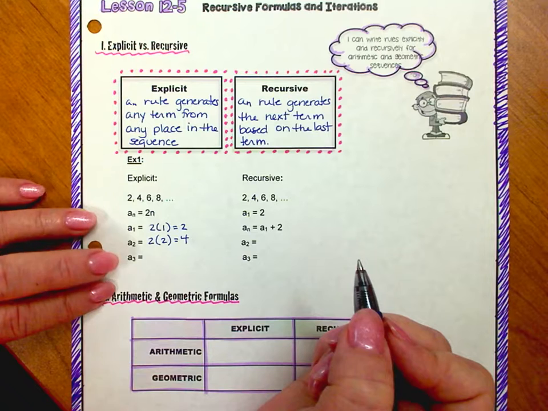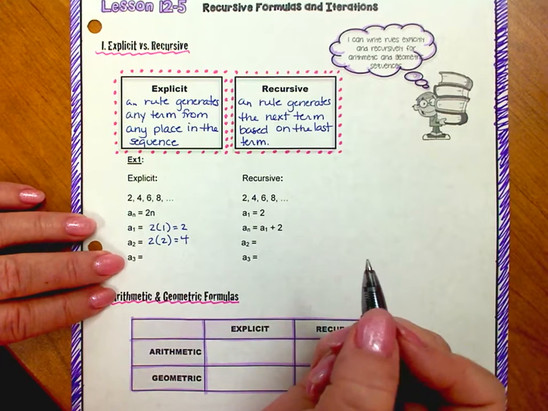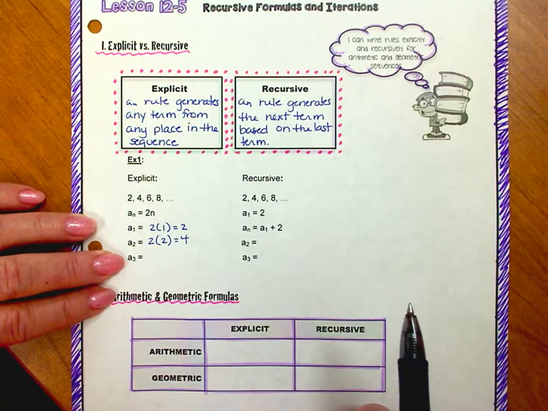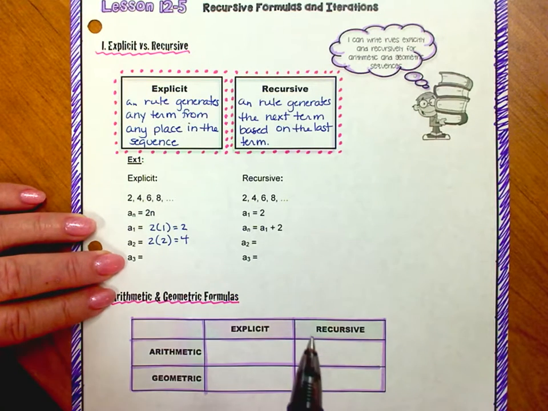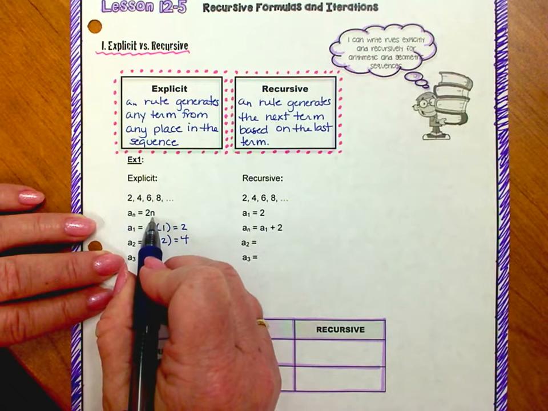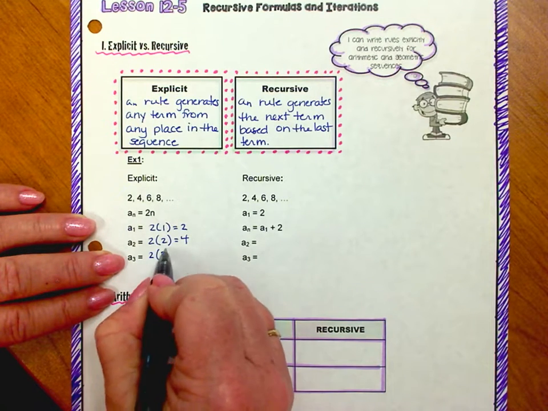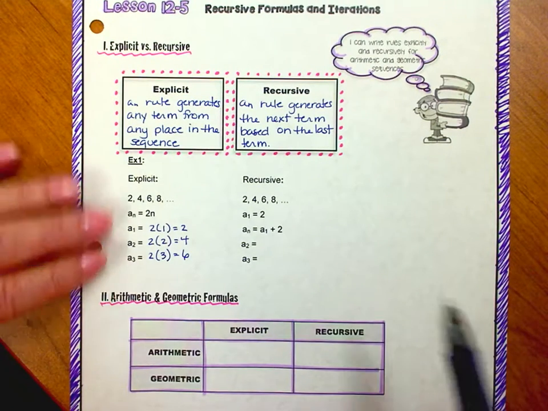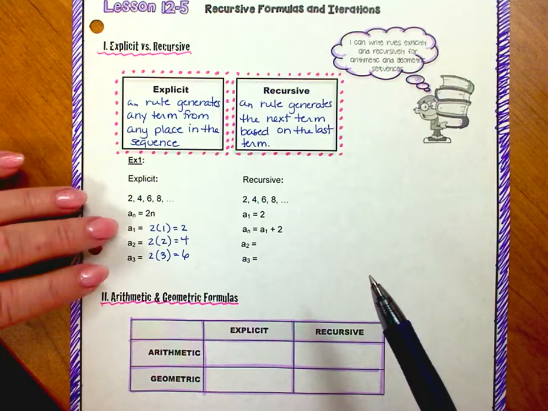And then we go to the a sub 3, and now I know you already know what the next one is going to be, but we're using the formula right now. This is what explicit formulas are. So we take our 3, we plug it back in for n, and 2 times 3 is going to give us 6. So explicitly we're going back to the rule each time.